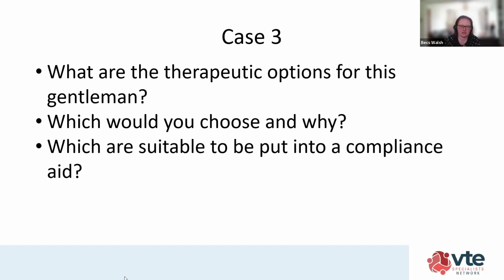I'm not going to go hugely into the whys and wherefores and the particulars, but I'm sure you're all aware that DOACs are not recommended for use in patients with luminal cancers. This chap doesn't have a luminal cancer, but that would be something to consider if you were trying to decide on a therapeutic option for somebody with cancer-associated thrombosis.